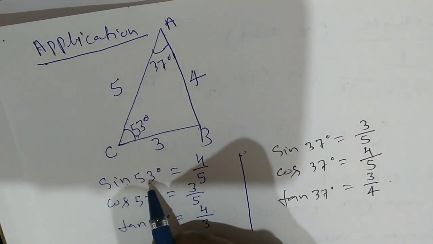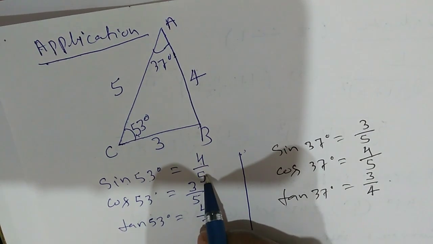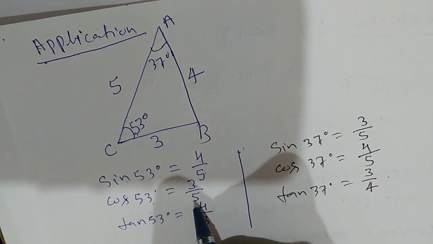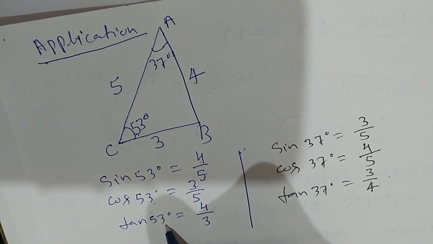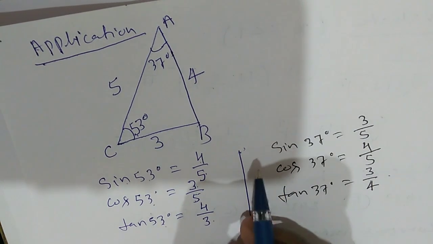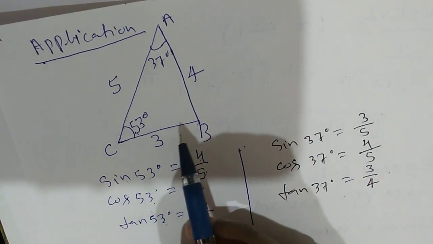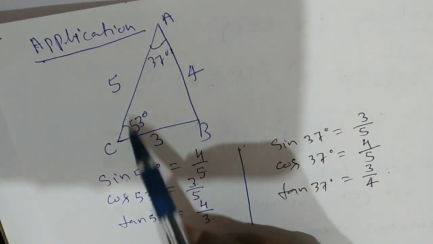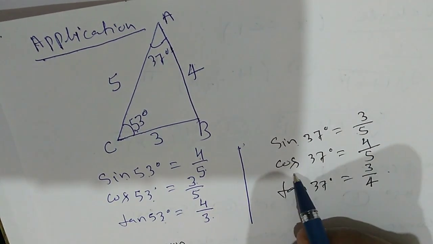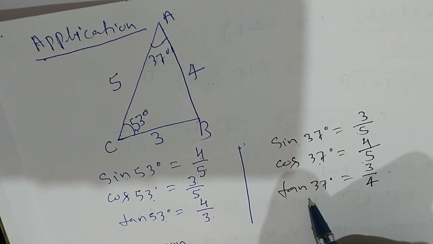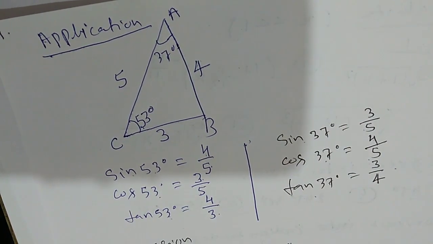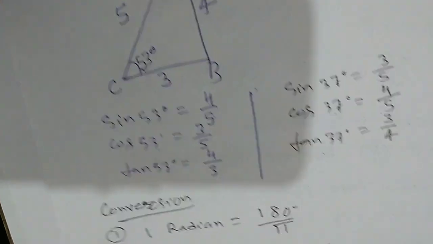The relations are sin 53 degree is equal to 4 upon 5, cos 53 degree is equal to 3 upon 5, and tan 53 is 4 upon 3. All these are relations, that is the application part of this. Next one is sin 37 is 3 upon 5, cos 37 is 4 upon 5, and tan 37 is 3 upon 4. Always remember these values, they are very useful for us.